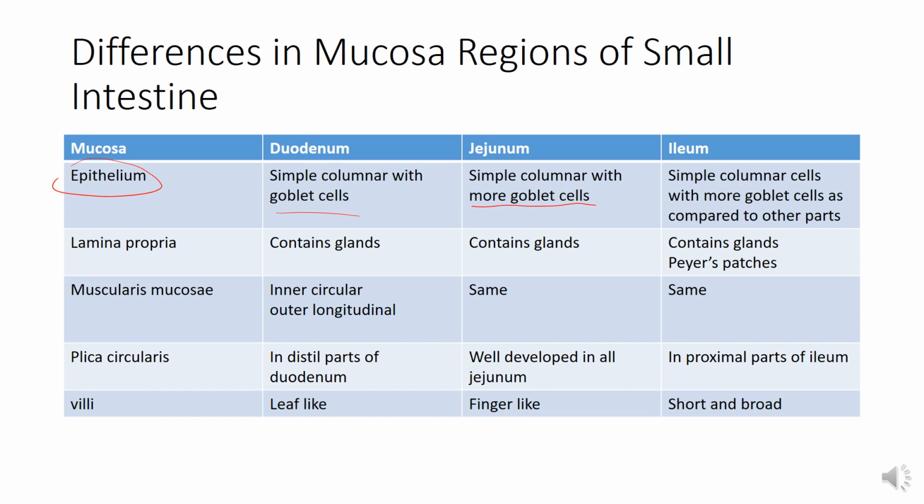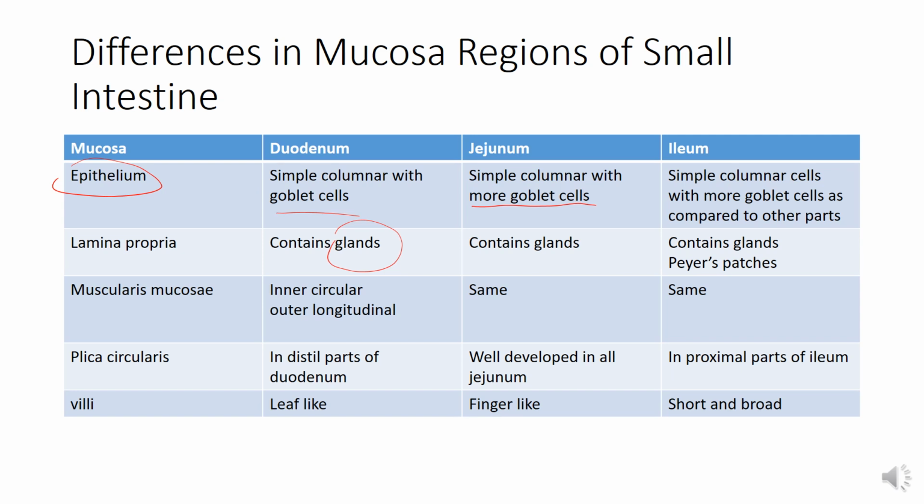Now, lamina propria. Lamina propria contains glands. The lamina propria of the duodenum, jejunum, and ileum contains the glands known as the intestinal crypts.